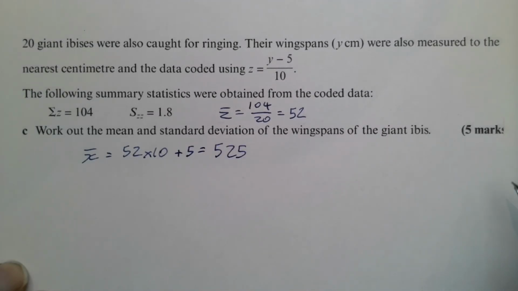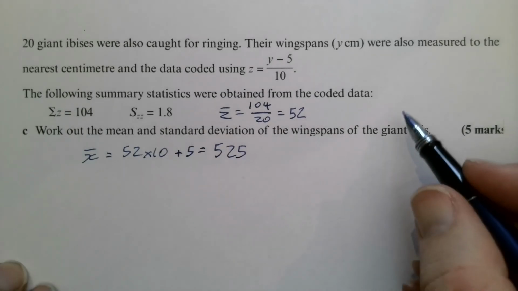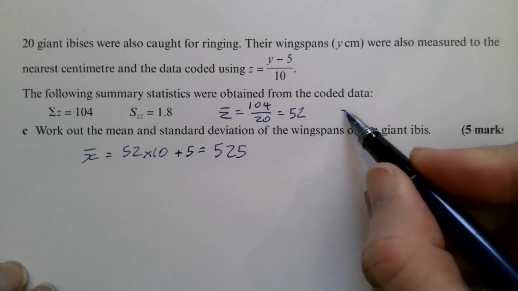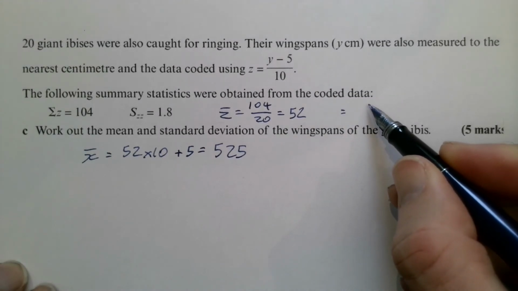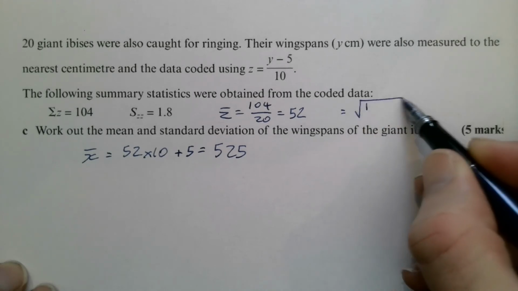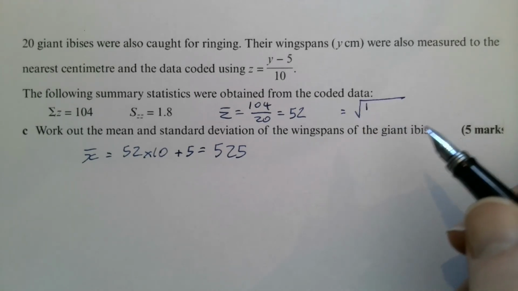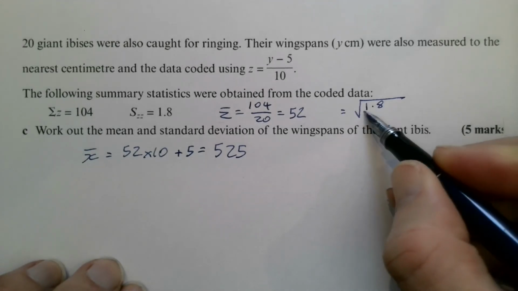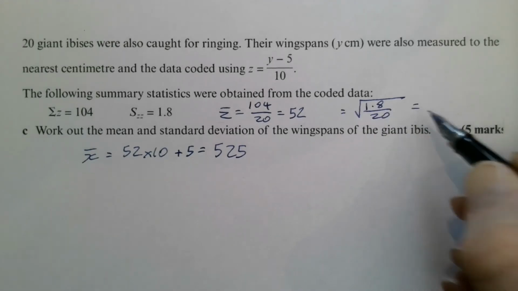525. Now the standard deviation, make sure I do this right this time, is going to be the square root of 1.8 divided by how many there are, which is 20, isn't it?